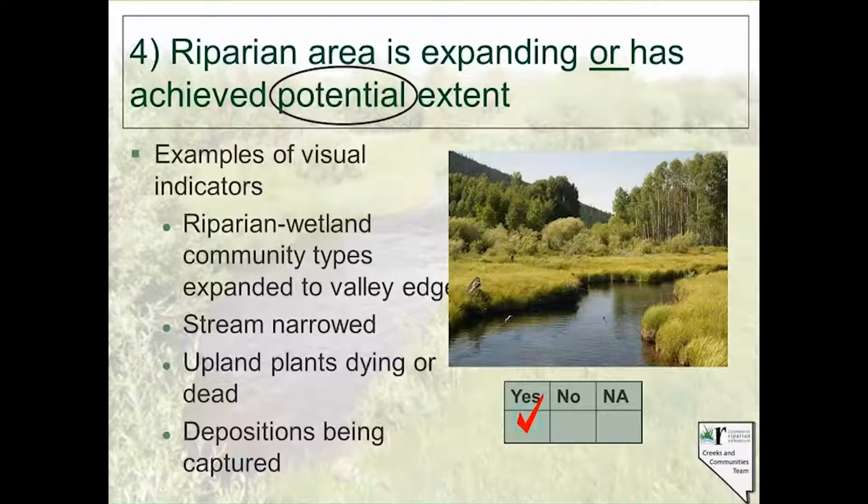As you move into the background there, you see the gradation from the herbaceous vegetation to the shrub-type woody vegetation to the more tree-type woody vegetation, showing a gradient as you go from a really high availability of groundwater. You go up in elevation off the channel, and you get a little less availability of groundwater. This site is at potential extent, and again, that's a good thing. That's where we're trying to get.